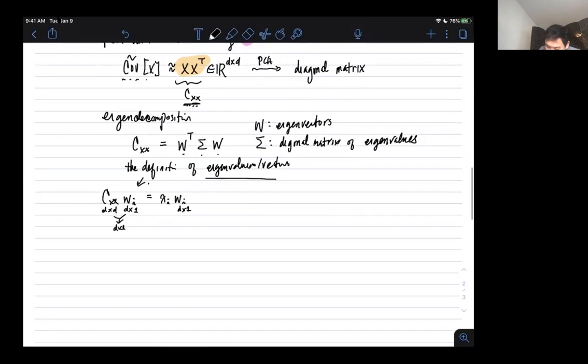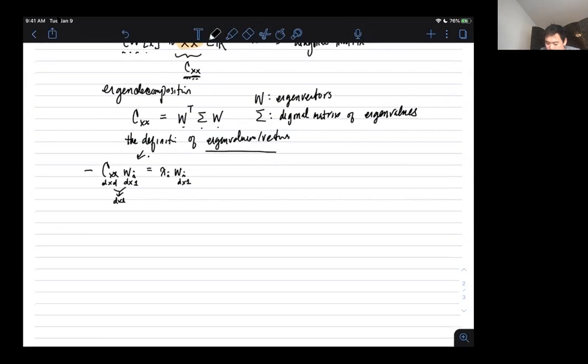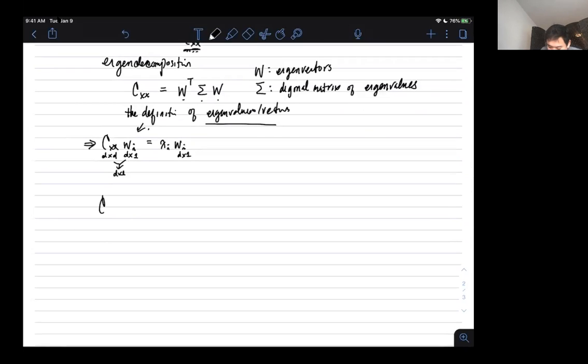Now, given this, we can think about rewriting or stacking all these for different i's, with i going from 1 all the way up to d. If I stack it up, then I have CXX, and then I'm going to have W1, and I'm going to just set them one at a time. Wi has d many rows and one column, so I'm going to put them next to each other, up to WD, because there are going to be up to d many eigenvectors.